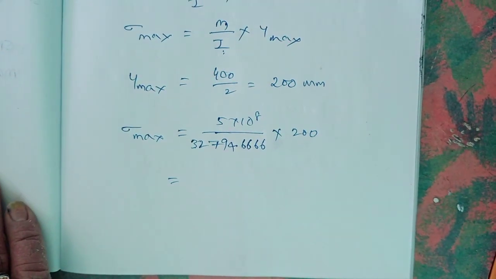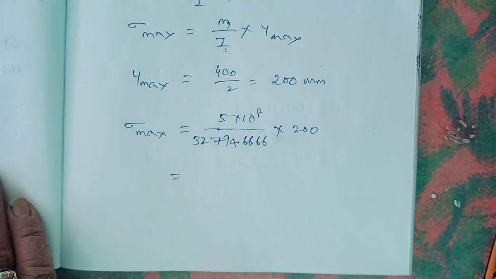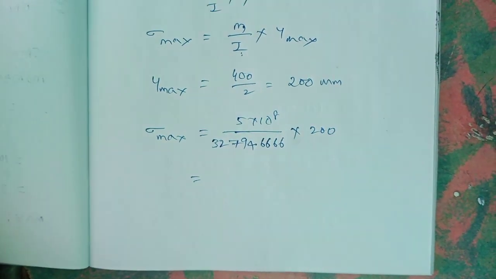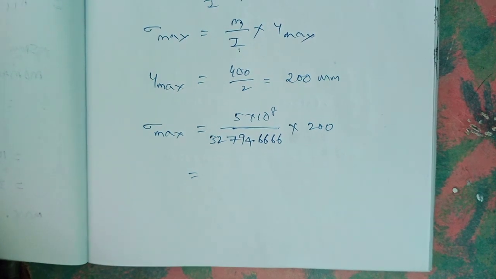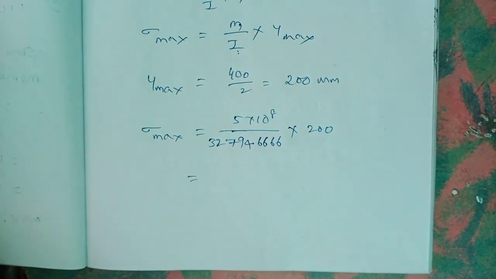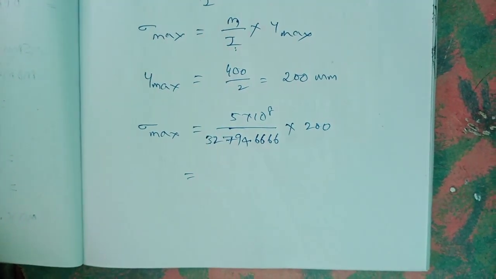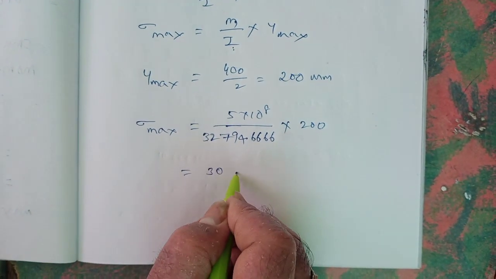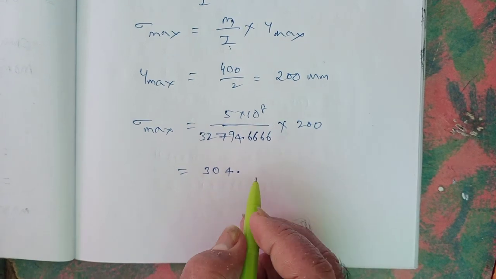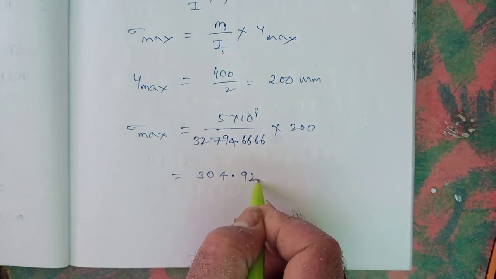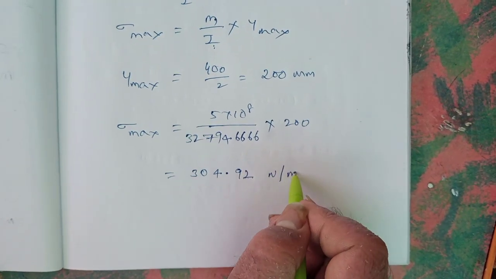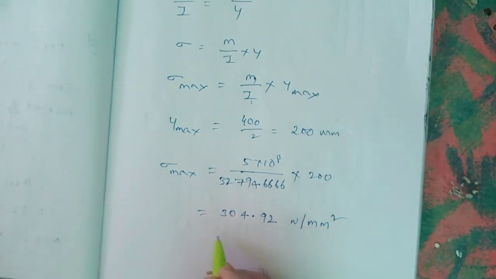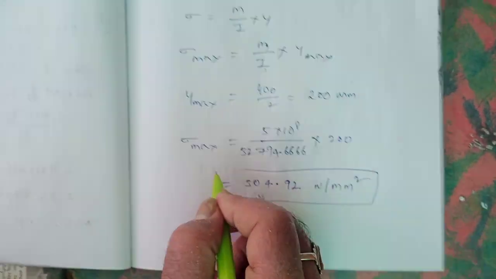So we have to calculate it. 5 into 10 to the power of 8 divided by 32794 double six into 200. It is 304.92 Newton per millimeter square.